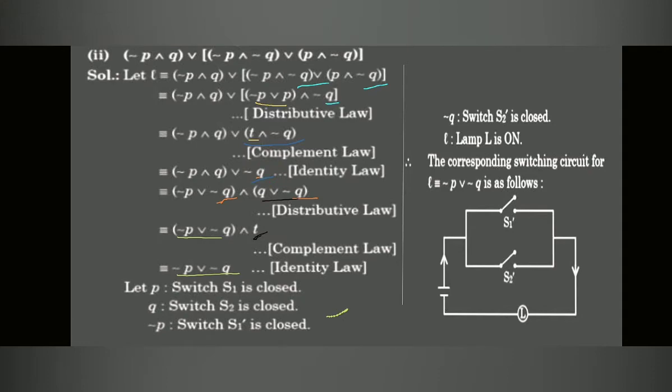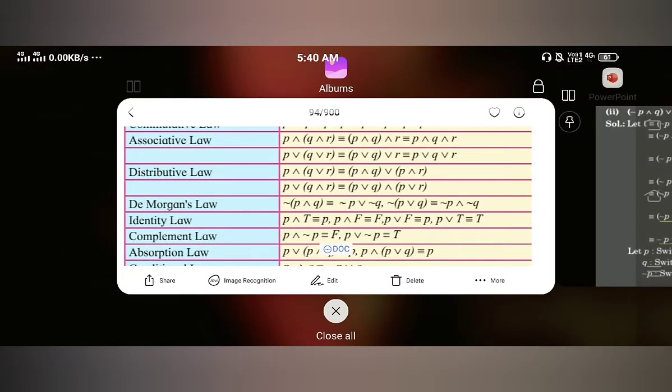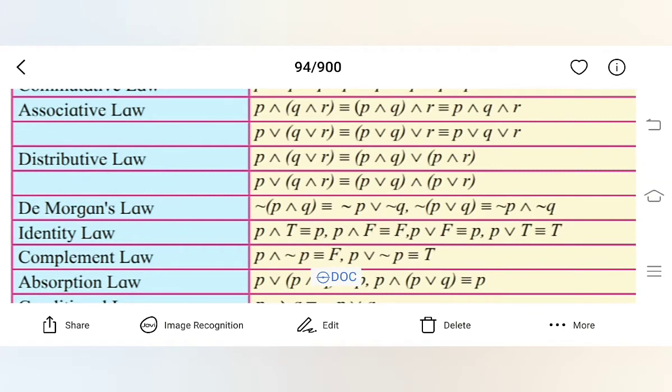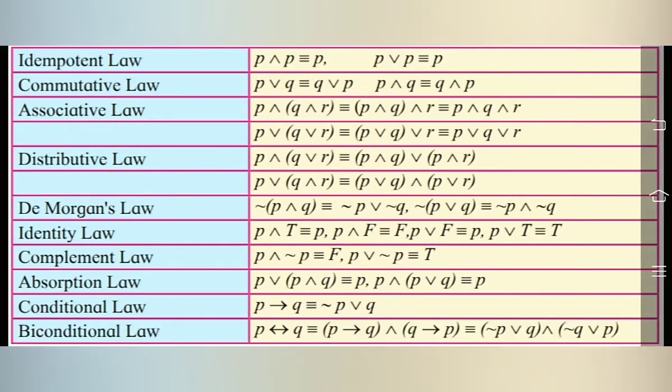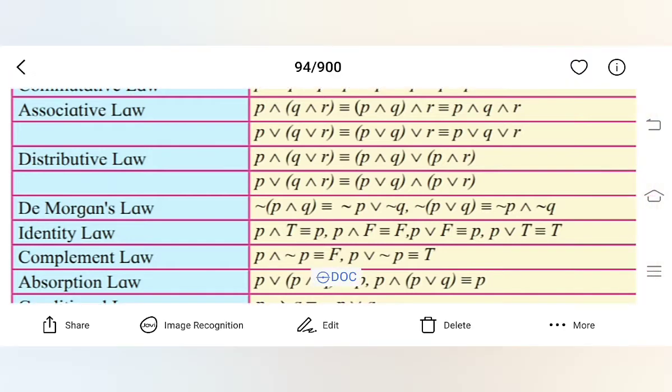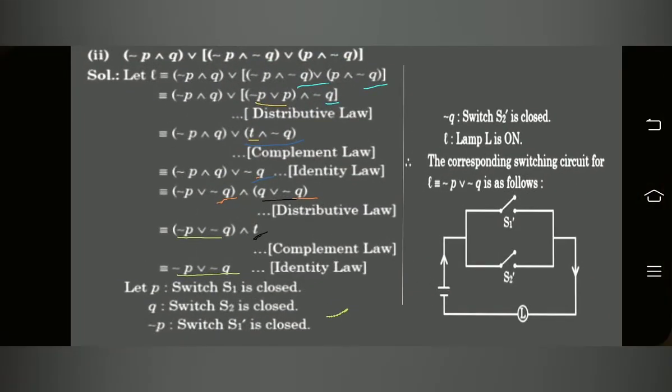See again: P and T is P, P or F is P, and P or T is T. Since we write small t here, P or ¬Q.